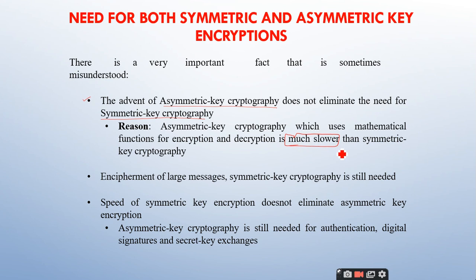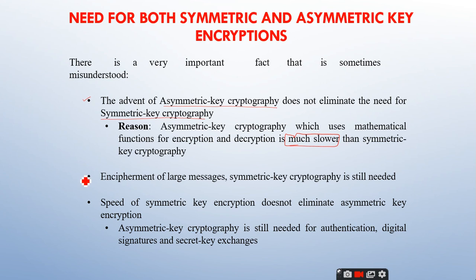So which one is faster, symmetric or asymmetric? Symmetric key, sir. Symmetric, right? So when we want to encrypt large textual data or large messages, are you going to go for symmetric or asymmetric? Symmetric. Right.